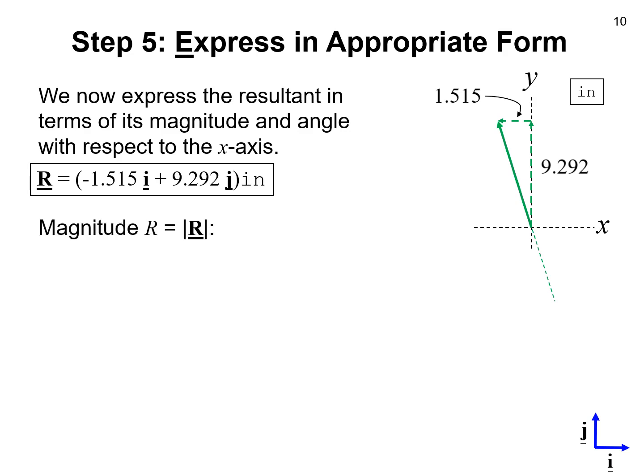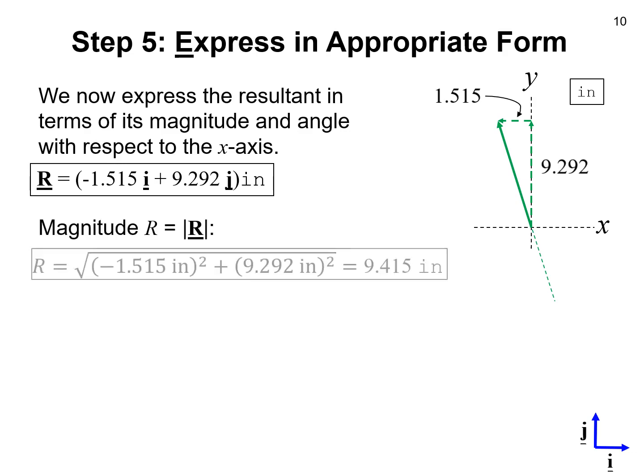And the resultant magnitude, if you look at that triangle, again, we use the Pythagorean theorem, and you can verify my answer is 9.415 inches. And so now I have a diagram of the resultant in terms of all of its components and the magnitude. So that's now a next step to that second form of the answer.